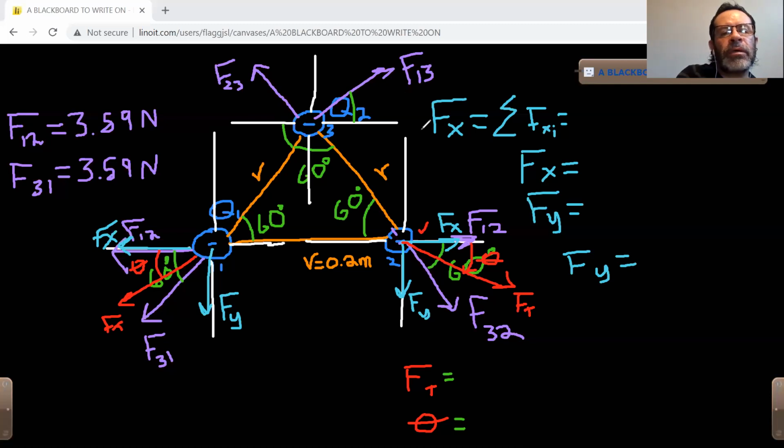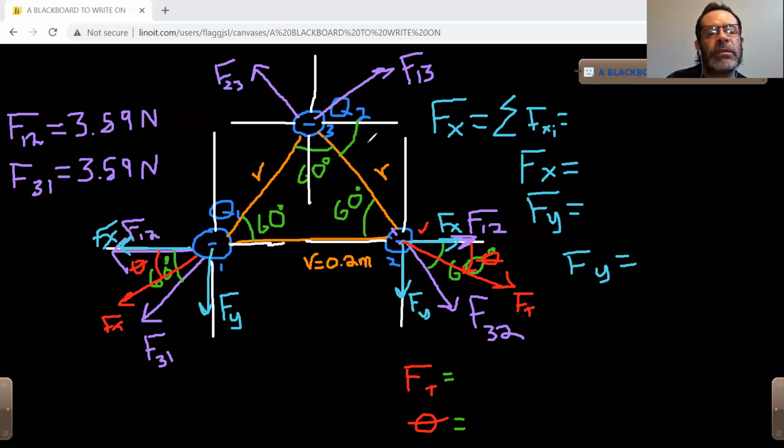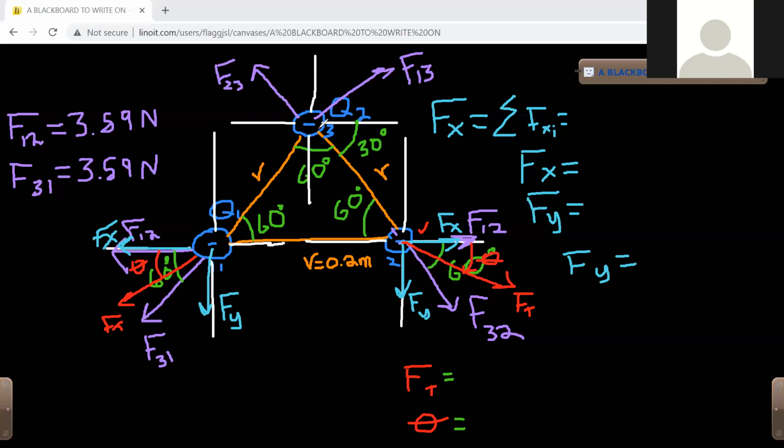Let me see. We've got 60 degrees here, which means this angle here is 30 degrees. And this angle here is a right angle. So this angle here also has to be 60 degrees.